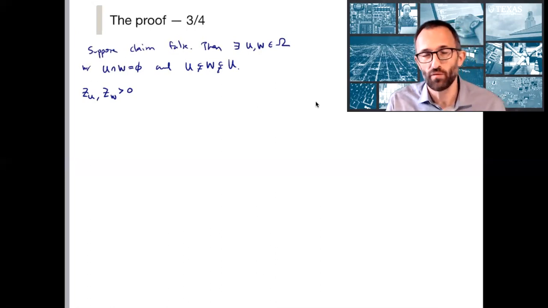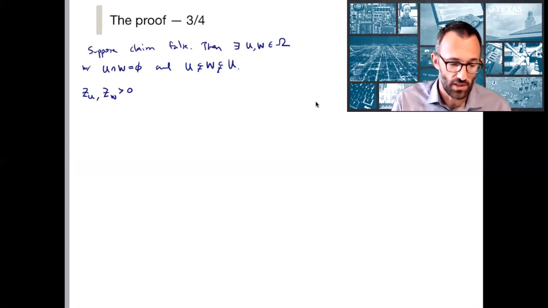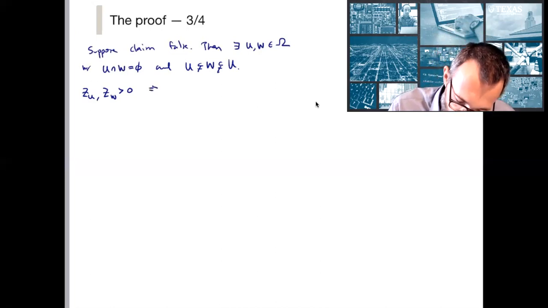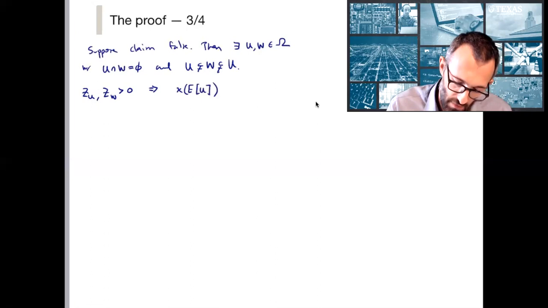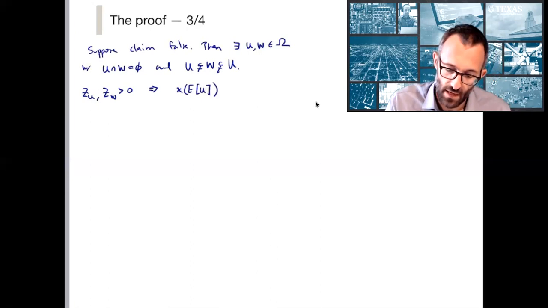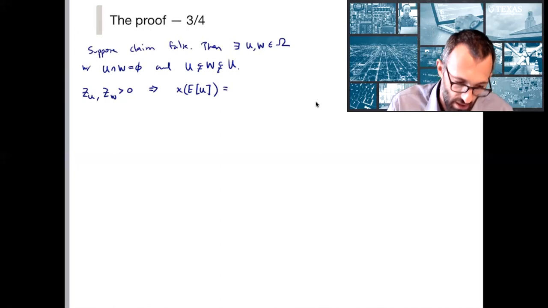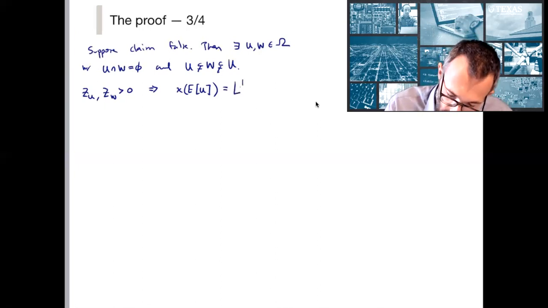These are the dual variables of the constraint that x of E of U is less than or equal to the floor of 1/2 cardinality of U. But if ZU and ZW are positive, it means I must have equality here.